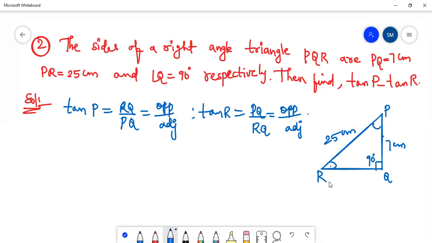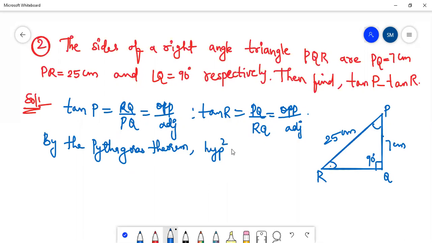But we don't know the value of RQ. This we should find by using the Pythagoras theorem. By the Pythagoras theorem, hypotenuse square equals opposite square plus adjacent square.